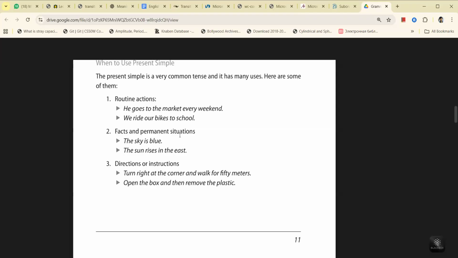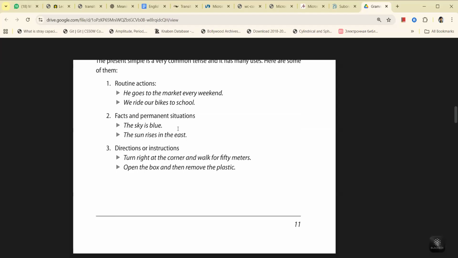Directions or instructions: again, you have to remember that when you are describing directions or instructions, you can use the present simple tense. Turn right at the corner and walk for 50 meters. So usually in the present simple tense we use s and es with the verb properly, and then the first form of the verb. So that's all.